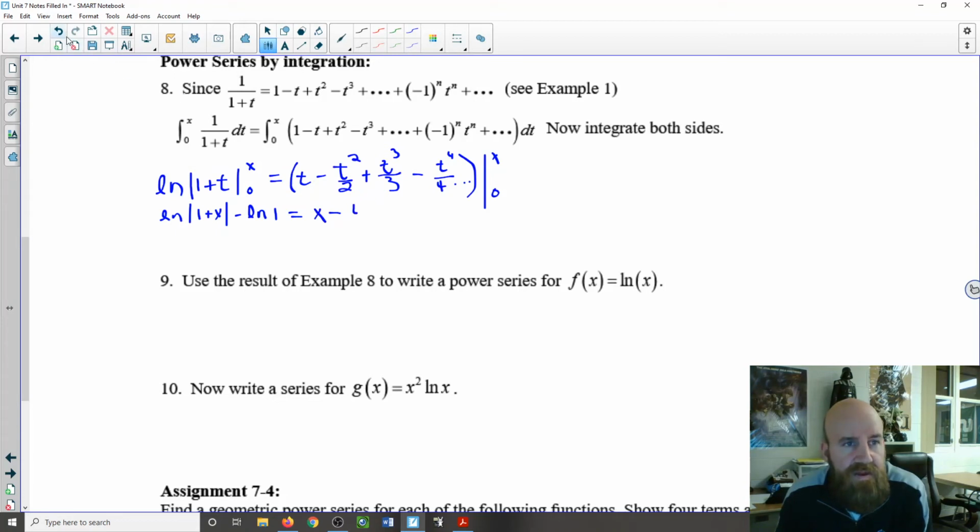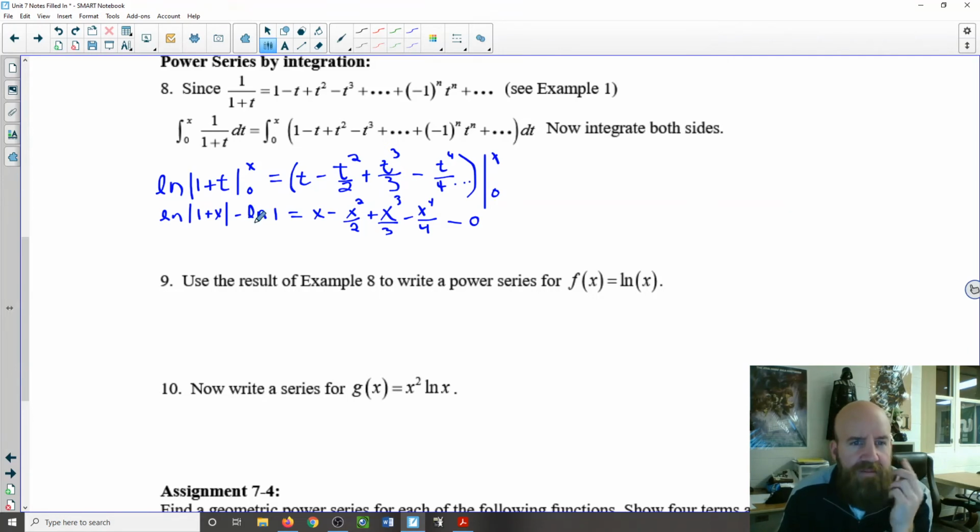Oops, I was going to write a t again. So everything's the same except the variables change. And if we plug in 0 to all of these terms, that's just 0. All of them cancel out to 0.